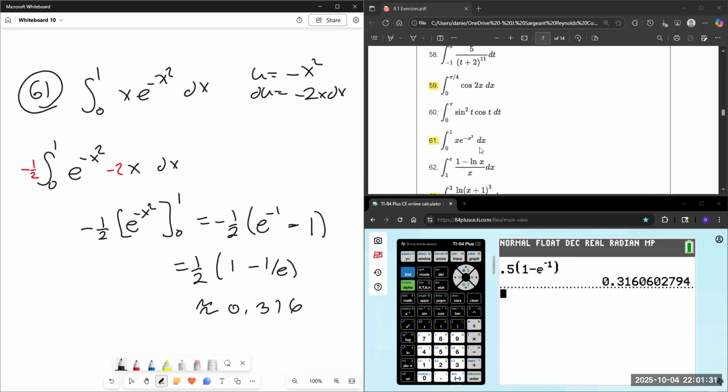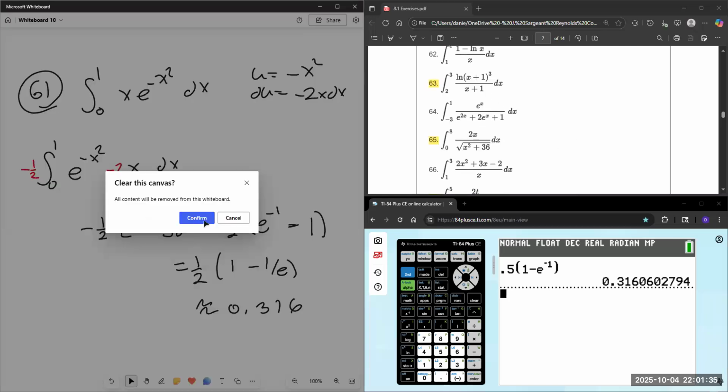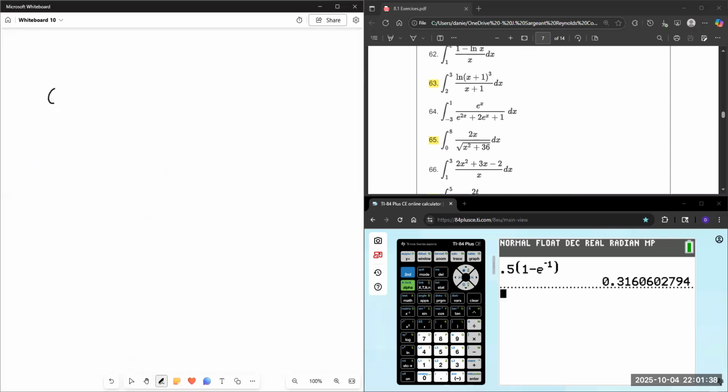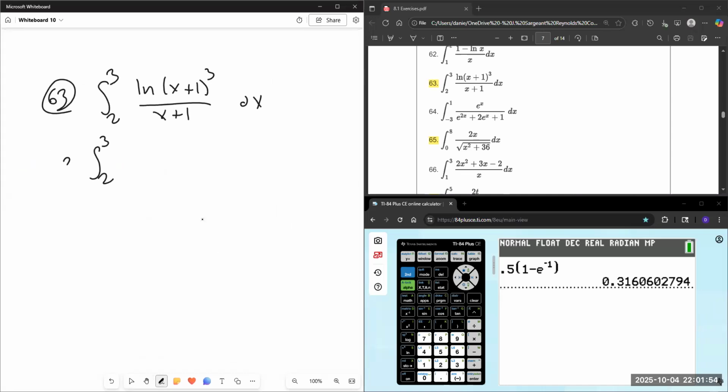Let's go ahead and look at number 63 now. It says integral from 2 to 3, (ln of x plus 1) raised to the third over x plus 1 dx. The 3 can come out front as a constant multiplier: ln of x plus 1 times 1 over x plus 1 dx.